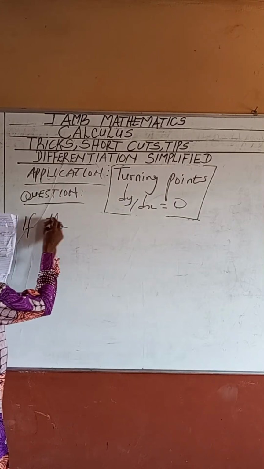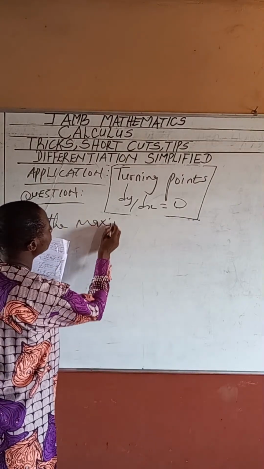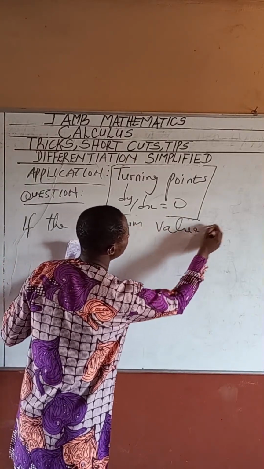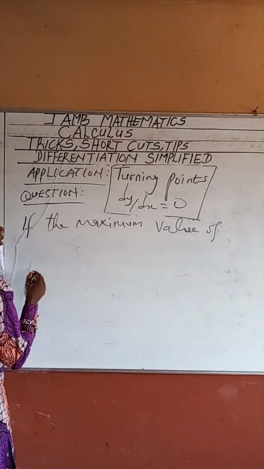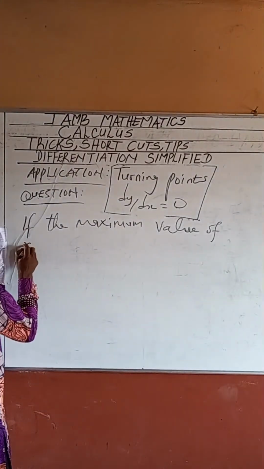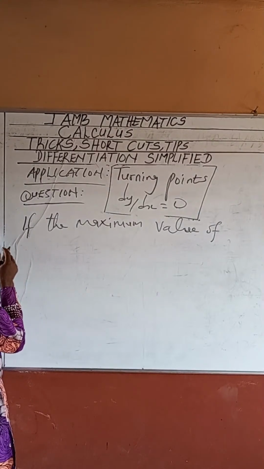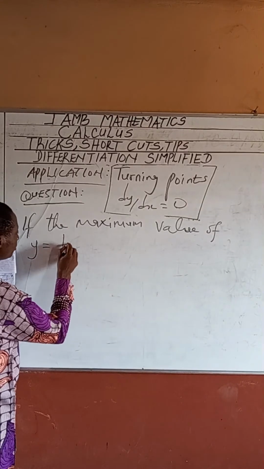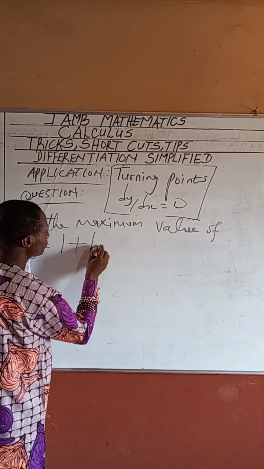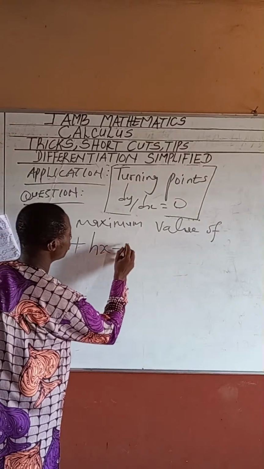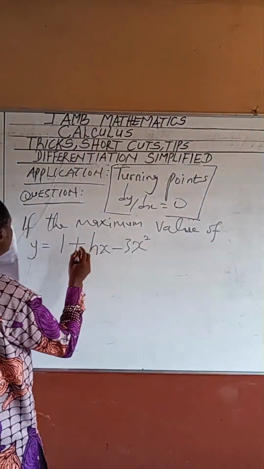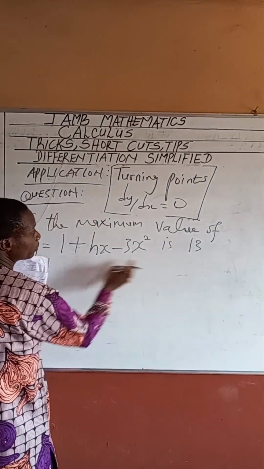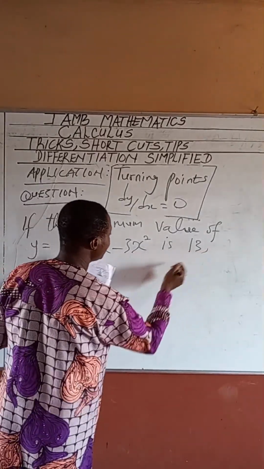If the maximum value of y, not x, is y equals 1 plus hx minus 3x squared, is 13, find h.